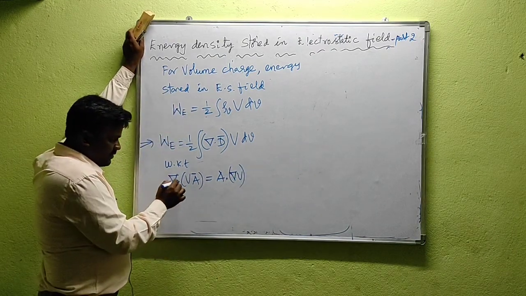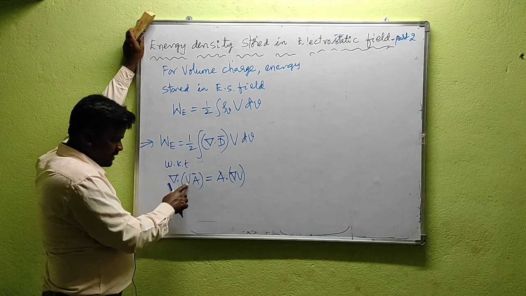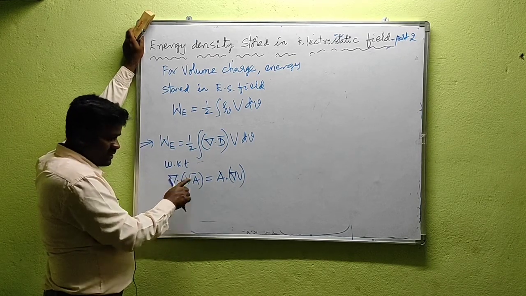Divergence of any vector gives a scalar quantity. Scalar into vector gives a vector, and divergence of a vector gives a scalar.